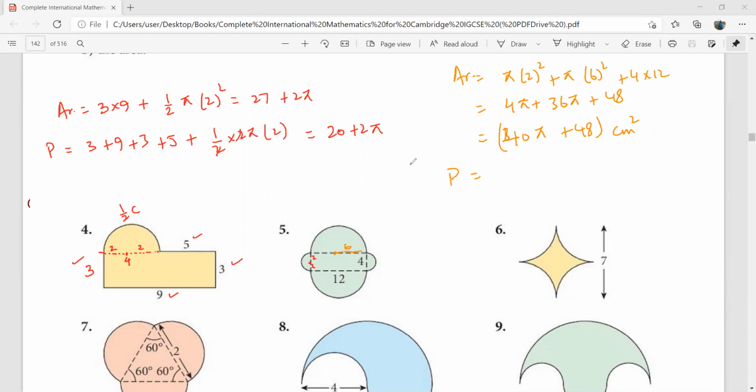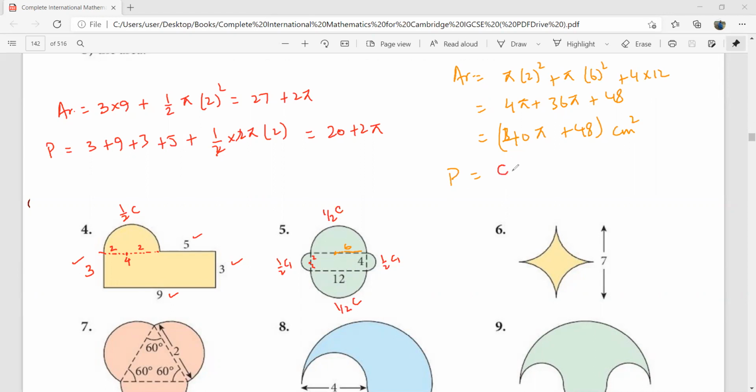When you have to find the perimeter, we don't need to consider the rectangle now, because that is inside. Perimeter is the measure of the outer boundary. So this is going to be half C of the bigger circle and half C1 for the smaller circle. This completes a circumference for both the circles.